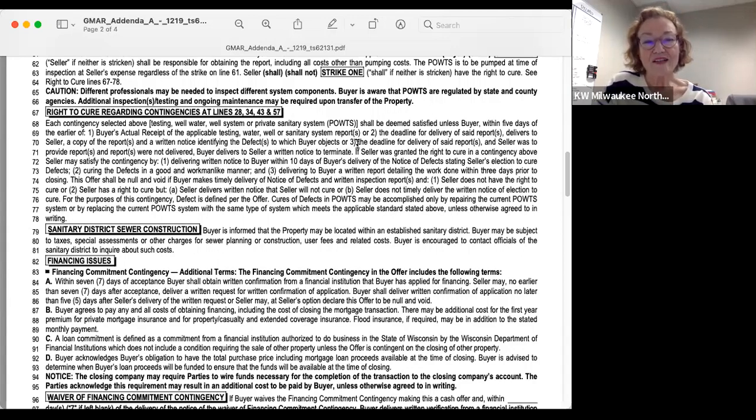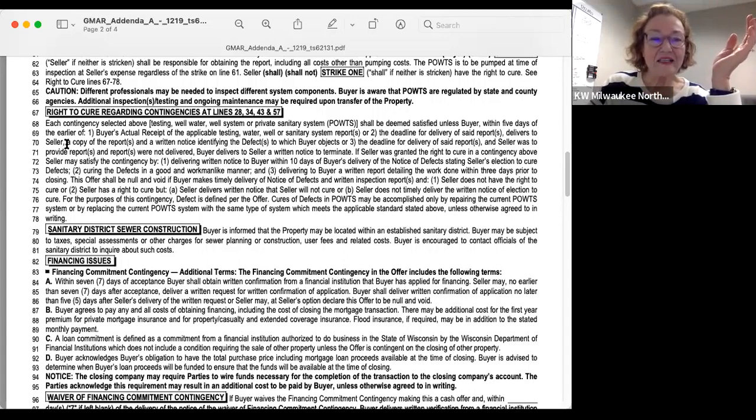So the buyer within 5 days has to object to the buyer's actual receipt of the testing. So he has to have actual receipt, not his agent, but his actual receipt of the report, or the deadline for the delivery has arrived.